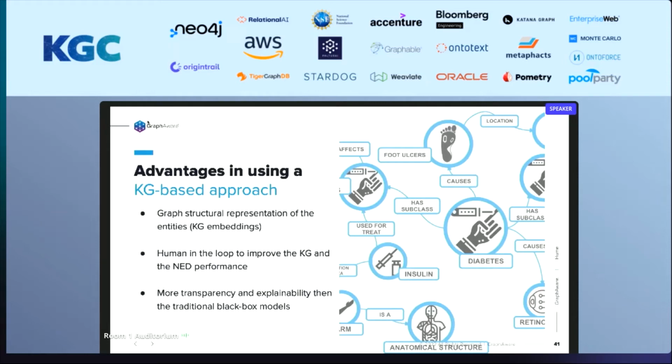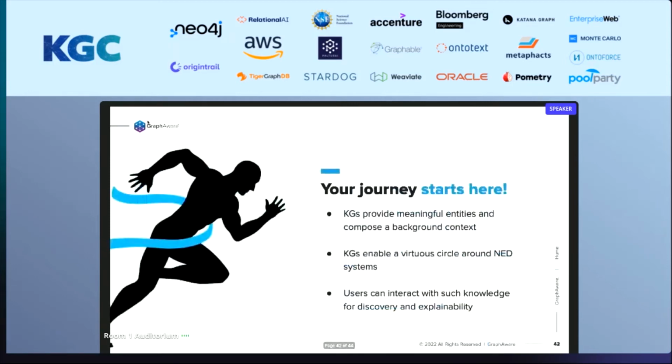Obviously, the knowledge graph, as you already heard during this conference, enables a lot of opportunities in terms of transparency and explainability compared to traditional and pure language-based models. Actually, your journey can start here for building intelligent systems using knowledge graphs, because we specified that the knowledge graph provides all the ingredients to build intelligent systems.